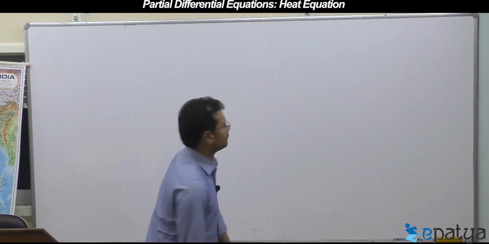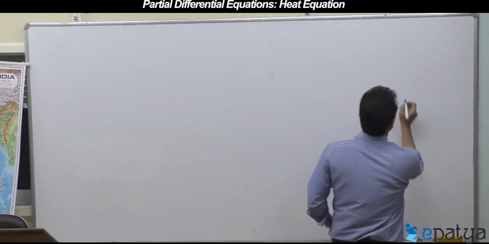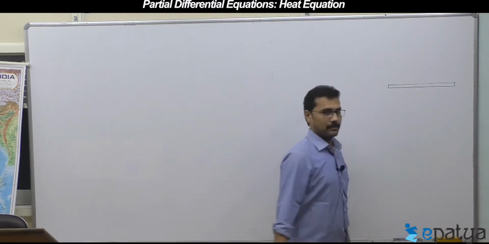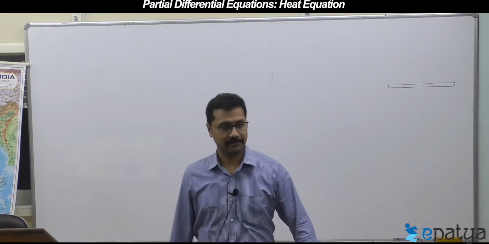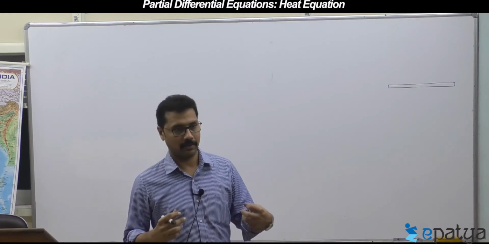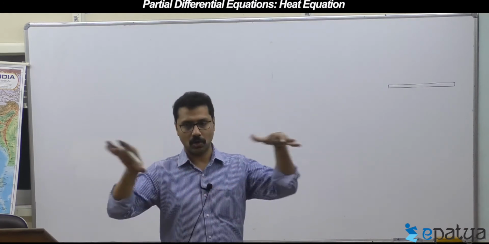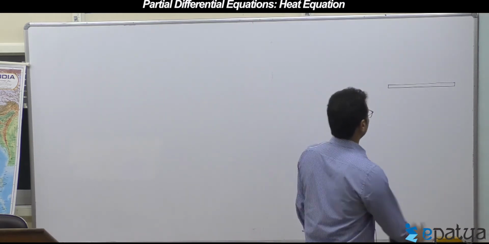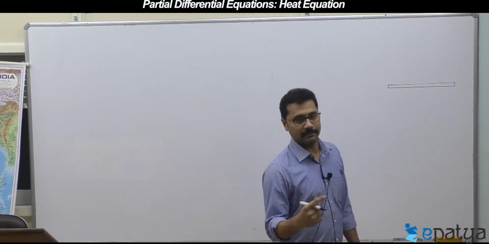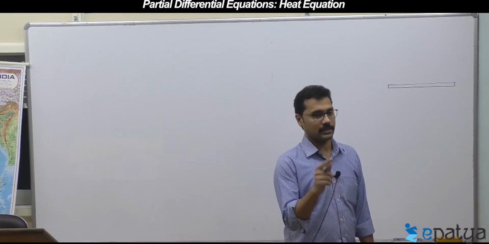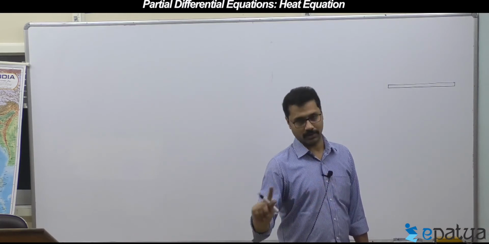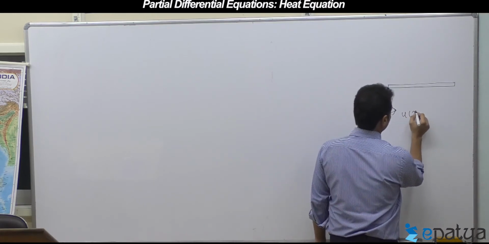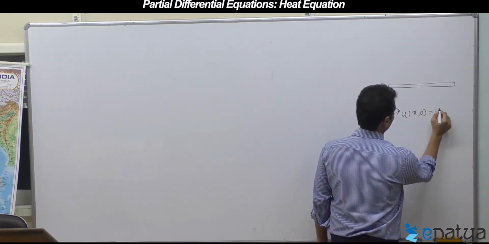What it says is that the entire body is thermally insulated, all sides. When it was insulated, there already exists a constant temperature distribution of U naught inside. That means U of x comma 0 is U naught.